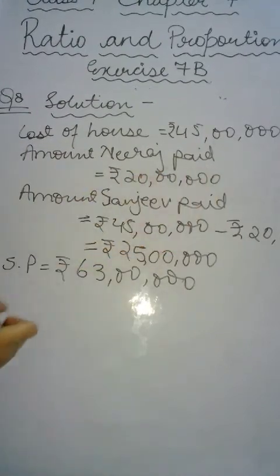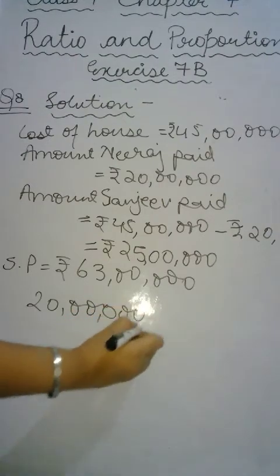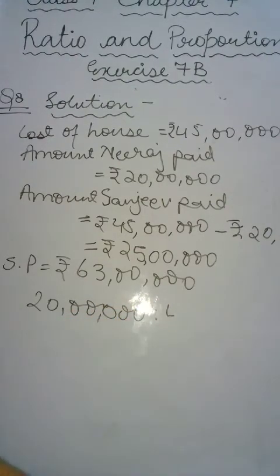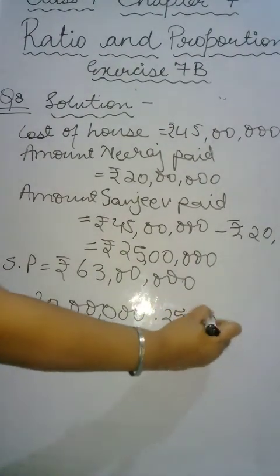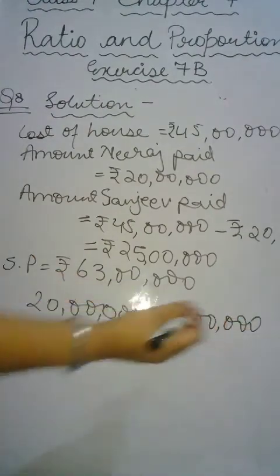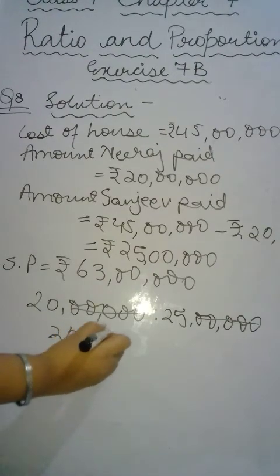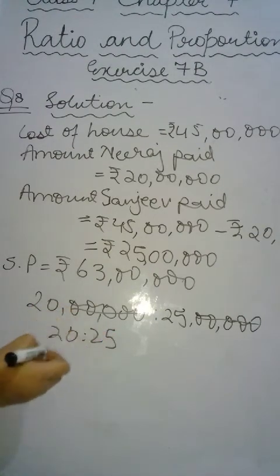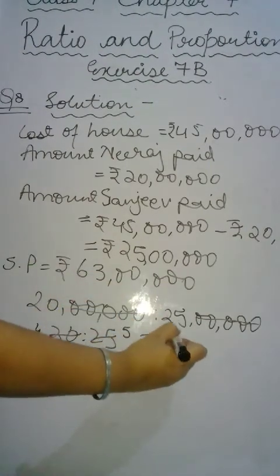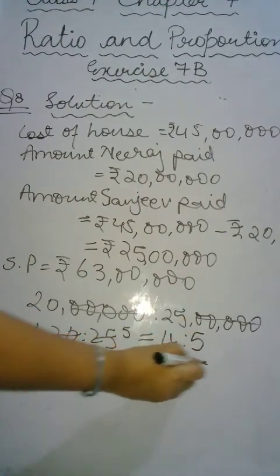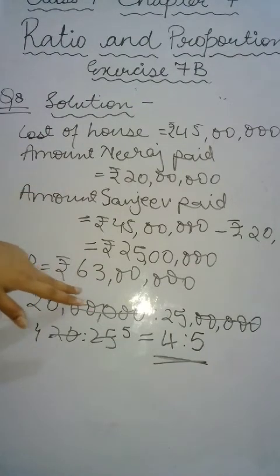What you can do is this: 20 lakh is to 25 lakh, Neeraj is to Sanjeev. You can remove these zeros. You are left with 20 is to 25. This can be cancelled with the table of 5. 5 fours are 20 and 5 fives are 25. What ratio have you got? 4 is to 5. This is the ratio in which this amount is going to be divided.